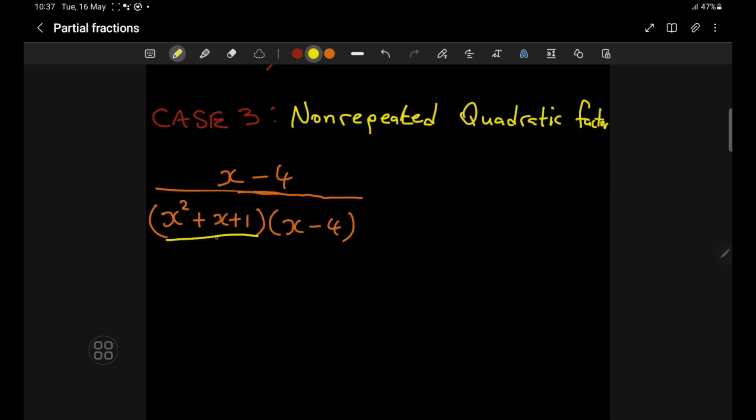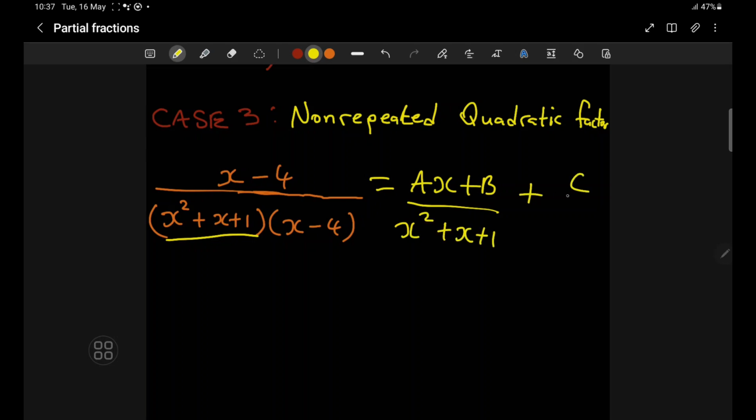So in this case, if you have an irreducible and non-repeated quadratic factor, the decomposition will take the form of ax plus b over the same quadratic expression, which is x squared plus x plus 1.